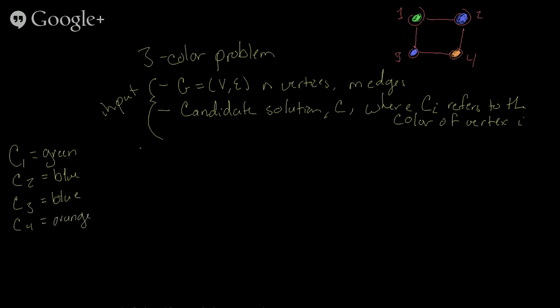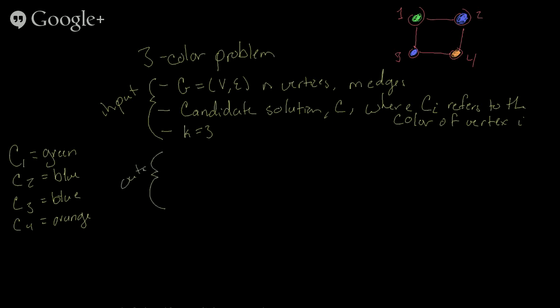Okay, so that would be your candidate solution there. And you really don't need k, because it would be a constant, but when you're given the k-colorable problem instead of the 3-colorable problem, you have some number k that's not a constant. Here k is always going to equal 3, so you can leave that in if you want to, or you can take it out. It doesn't really matter since it's a constant.